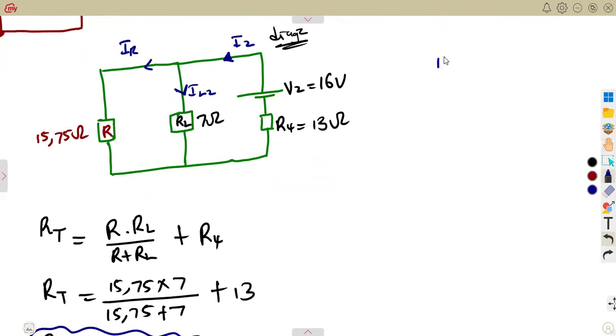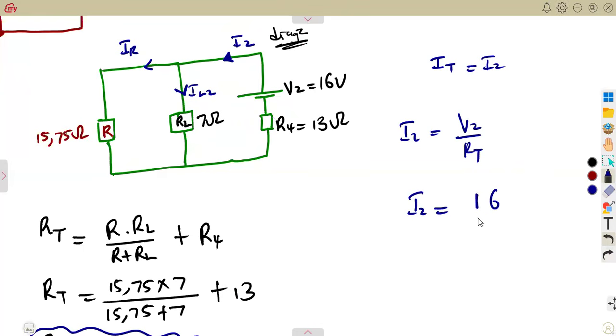And what is representing our total current according to this circuit diagram? It is I2. So by calculating I2, you are calculating the total current. And how is that possible? From the total voltage over the total resistance. We can calculate I2, which represents the total current.